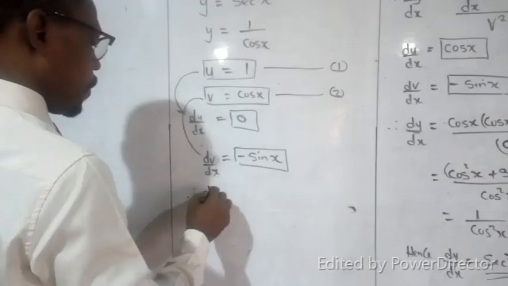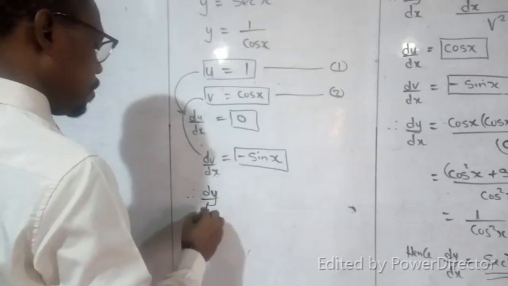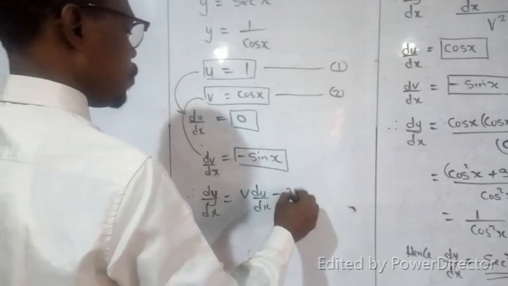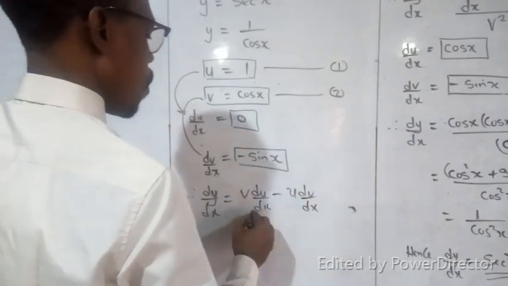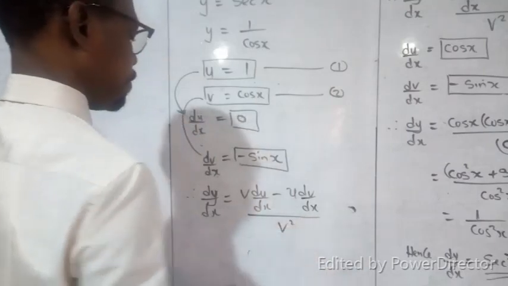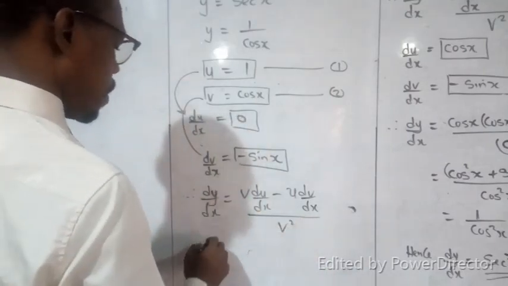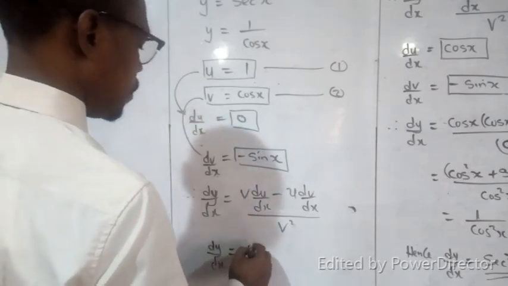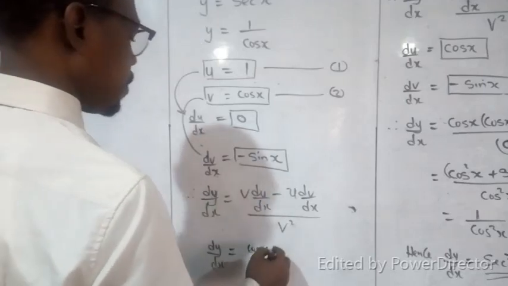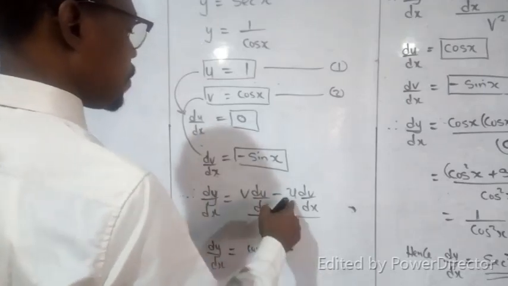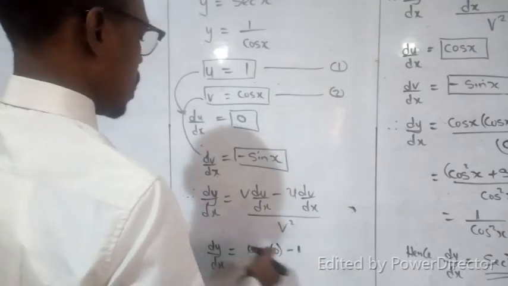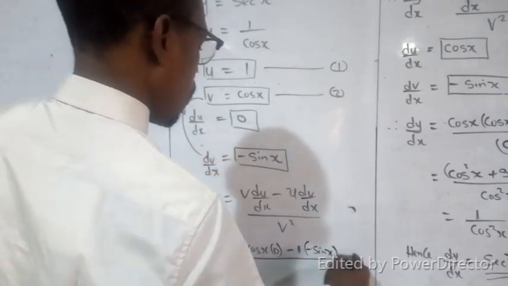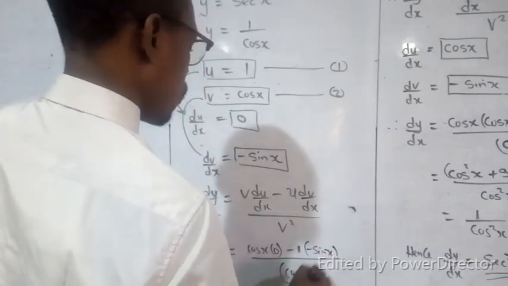Therefore, dy dx is equal to v du dx minus u dv dx over v squared. So we have dy dx to be equal to our v is cos x, our du dx is 0, minus our u is 1, our dv dx is minus sine x, all over cos x all squared.